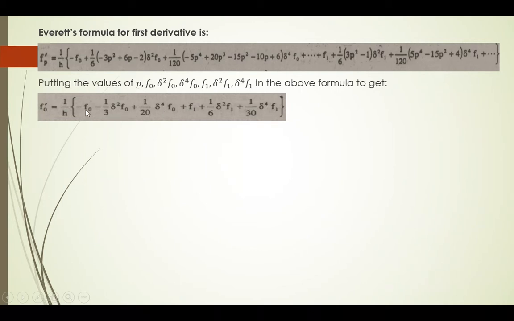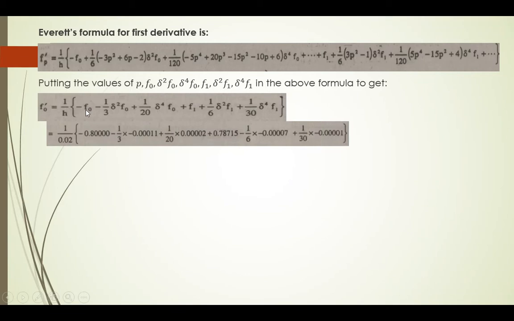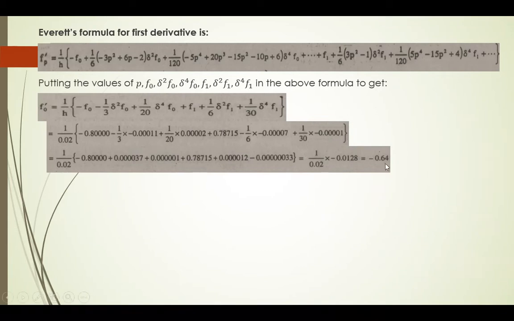Now from the table, replace f naught by its own value. h is 0.02. This is delta square f naught, delta 4 f naught, this is f1, delta square f1, delta 4 f1. With the help of your calculator, you can simplify to get minus 0.64. So that is the first derivative whenever p is equal to 0.